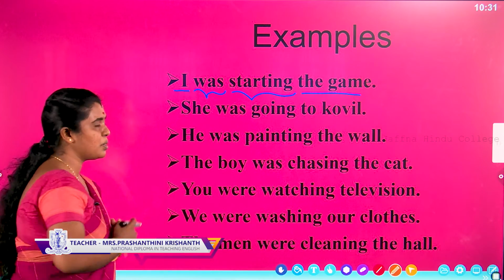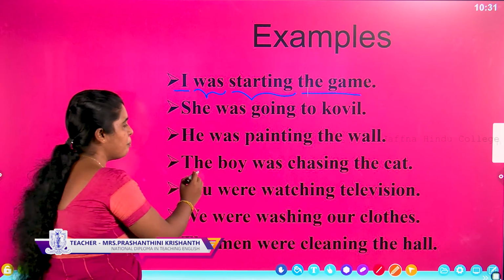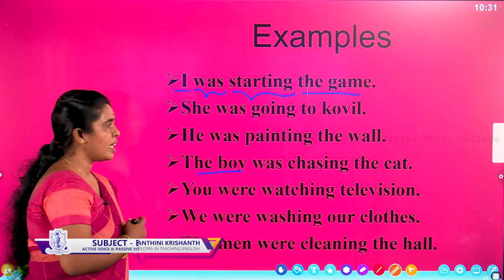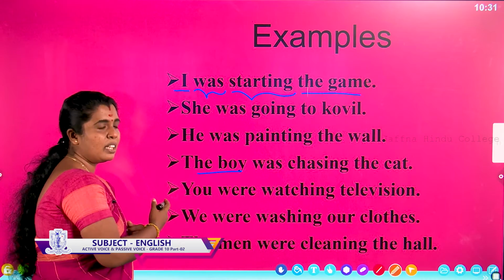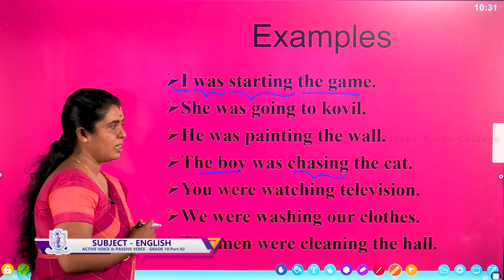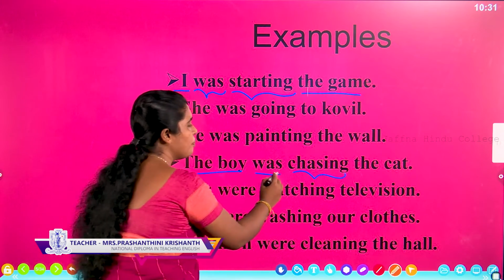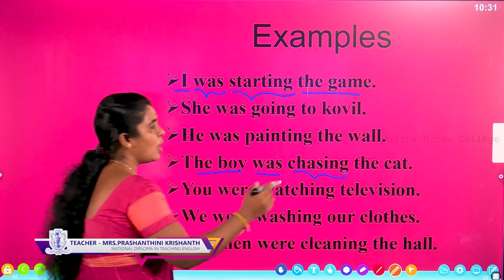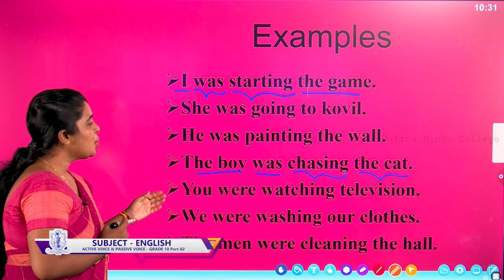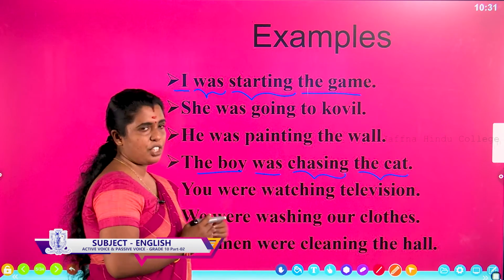So, what is the subject of this sentence? The boy, right? He is the doer of this action. So, what was he doing? He was chasing. So this is the main verb here. What is the helping verb? Was. The object: the cat, right? You were watching television.